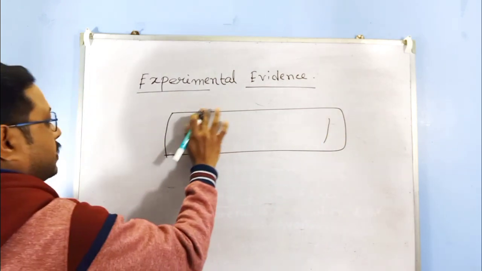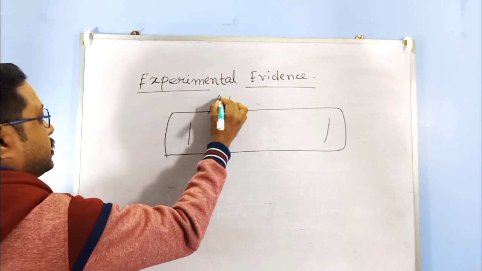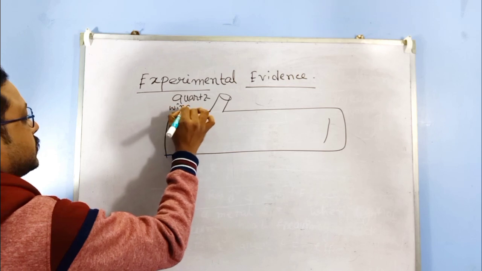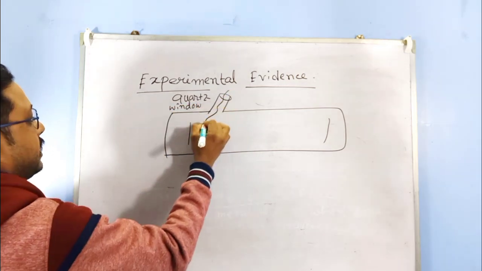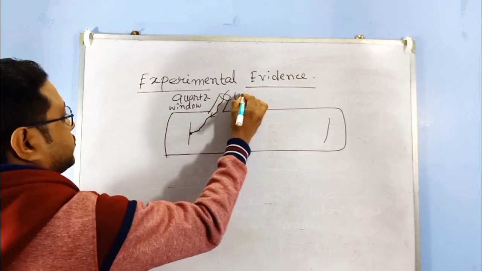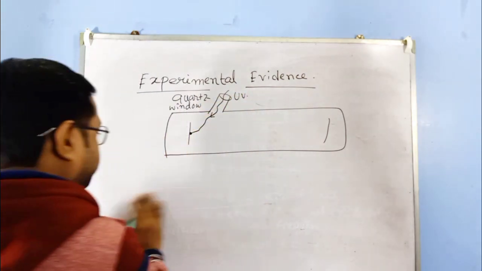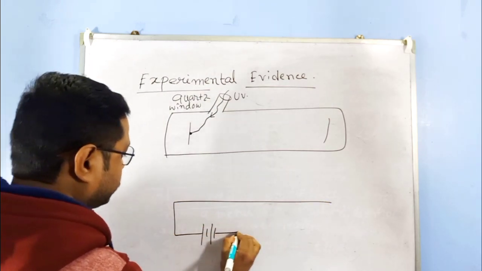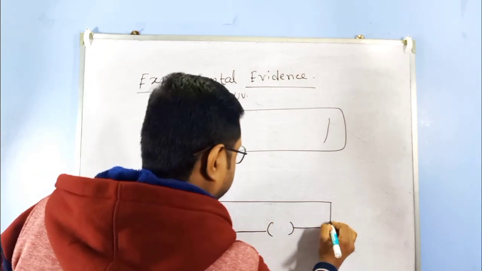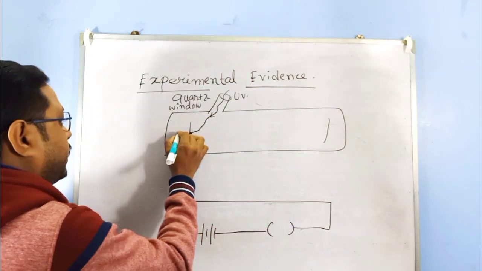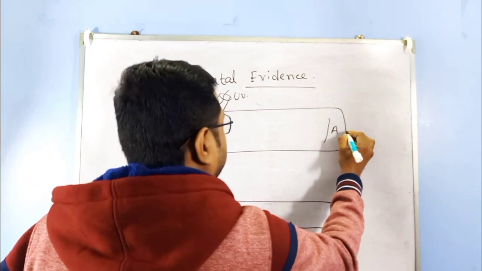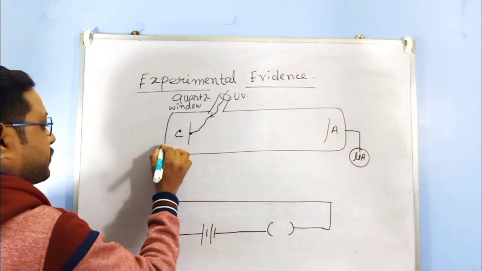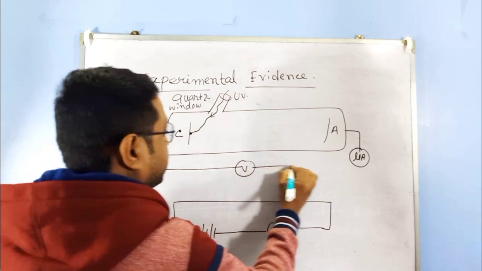Cathode, anode, and here a quartz window, and ultraviolet radiation is coming through this. A high tension battery with a key is connected here, across the cathode and anode, a microammeter, and here a voltmeter is connected in the circuit.